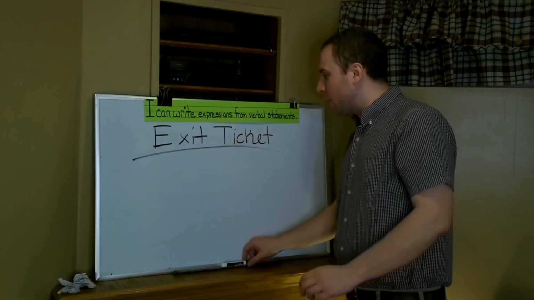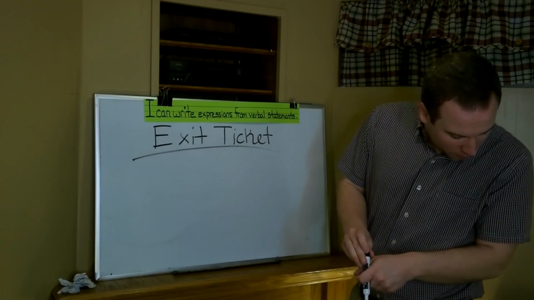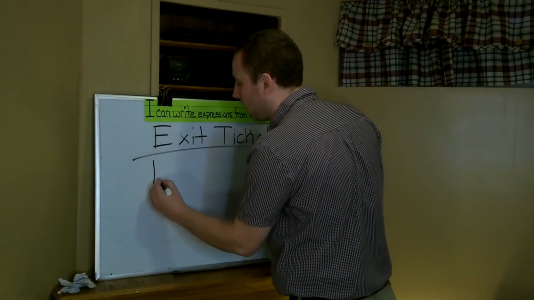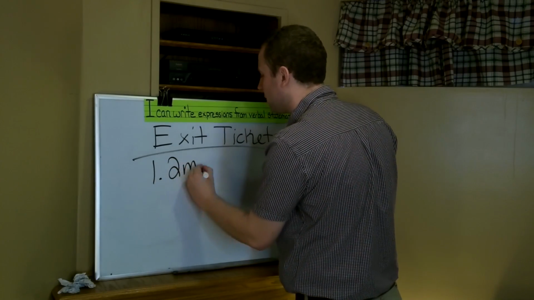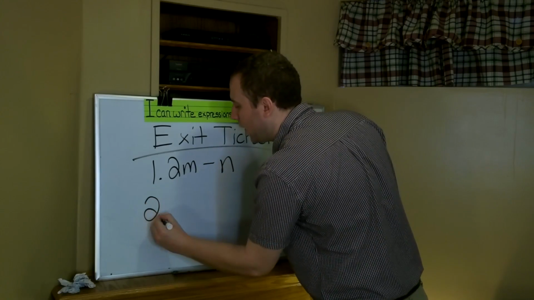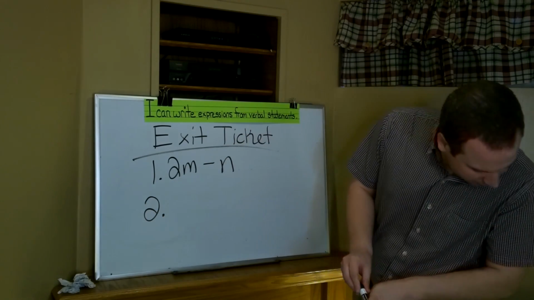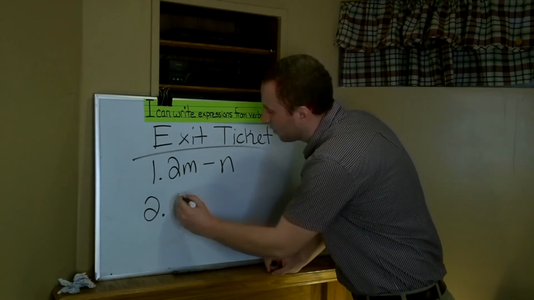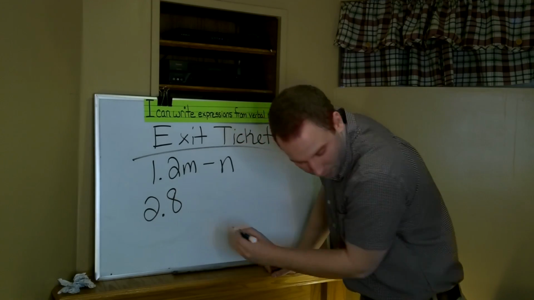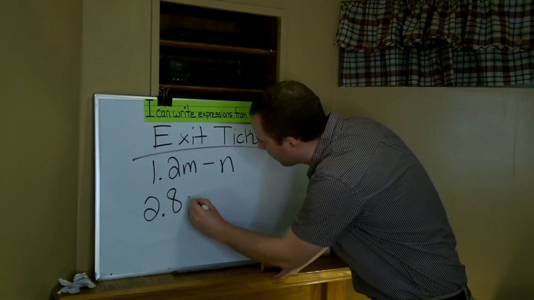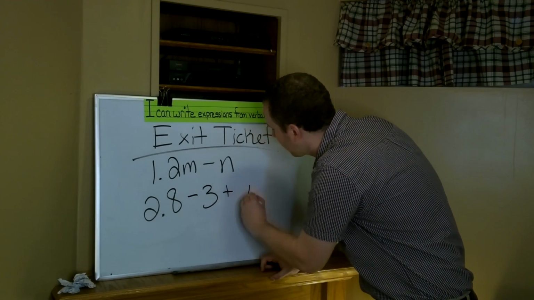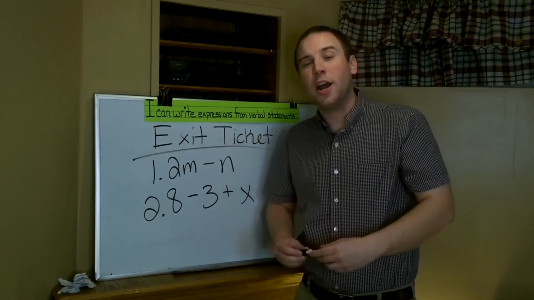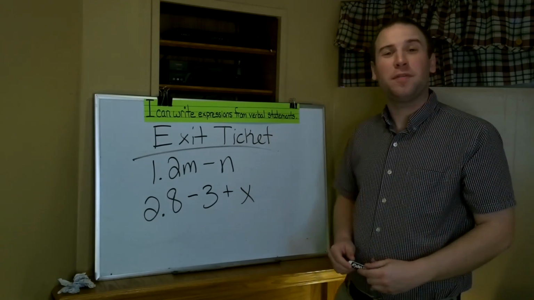The following two expressions I want you to translate for me. Number 1 and number 2. I'll go ahead and pause here in the video for you to answer the following exit ticket.